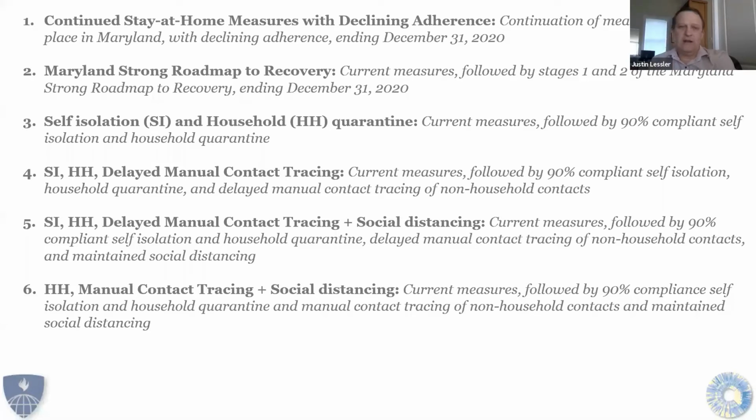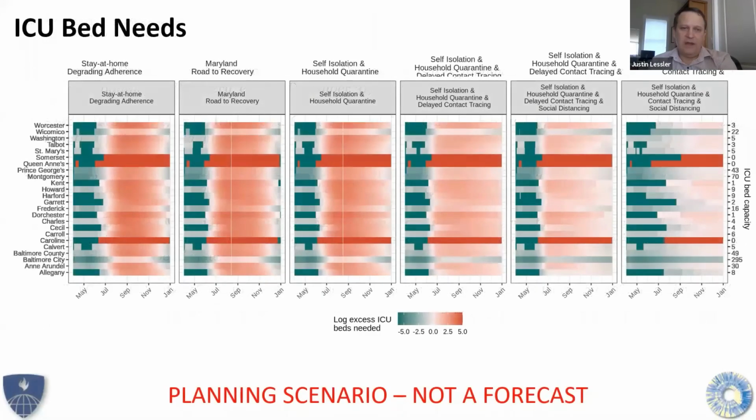And we used data from analyses done by other groups in our review of the literature to parameterize these and get projections of how each would play out into the future. And so we get results like this. We're not going to go into this in a lot of detail, but it's showing all of the counties of Maryland and projecting out the number of ICU beds needed, and whether or not under that scenario we clear the number of ICU beds that are available in that area.